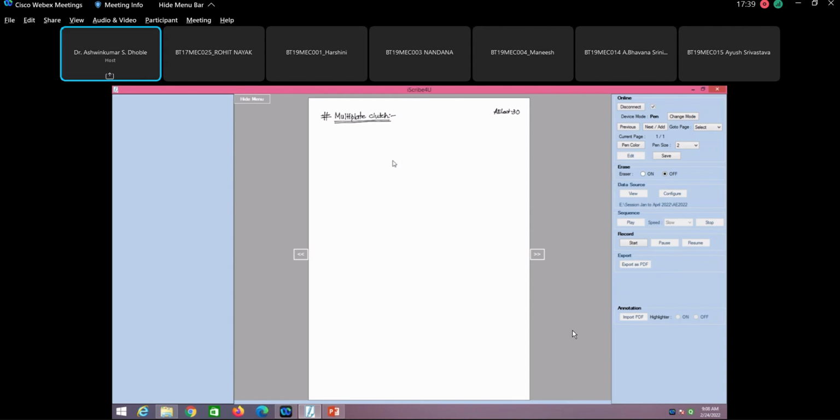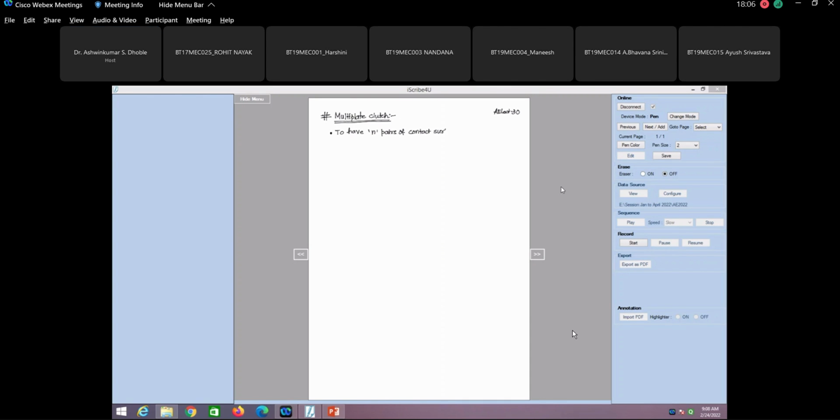So, to have n pairs of contact surfaces, please note, there must be n plus 1 number of discs or plates.